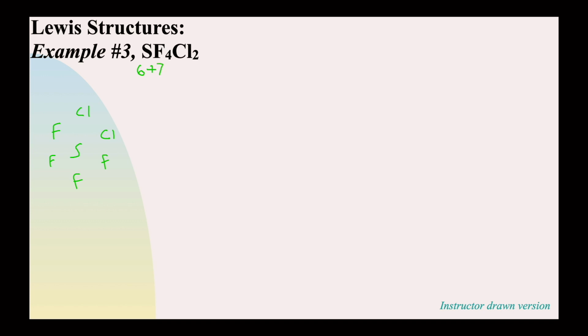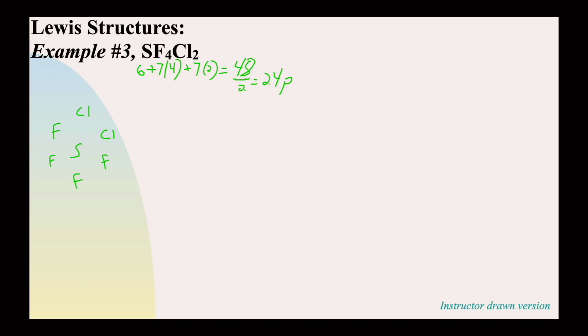Fluorine is 7, and there's 4 of them. And chlorine is 7, and there's 2 of those. Remember, everything in the same group has the same number of valence electrons, which is kind of cool. So if you count this up, this goes to 48 valence electrons. And if you divide that by 2, that means you're going to have 24 pairs.